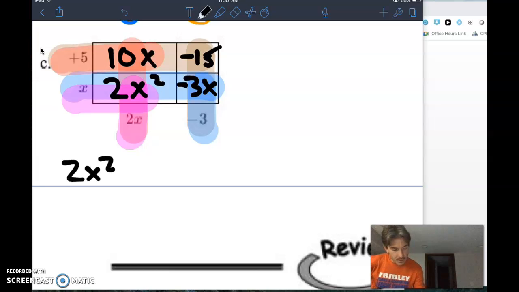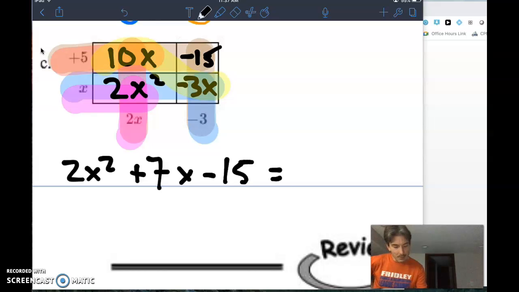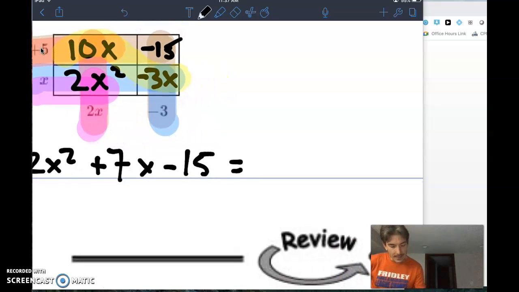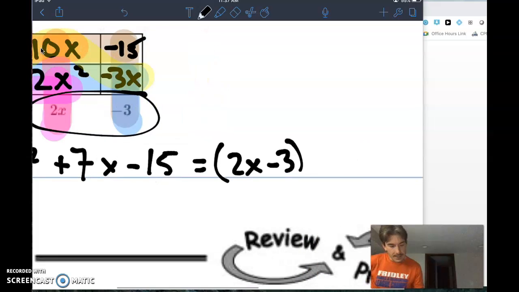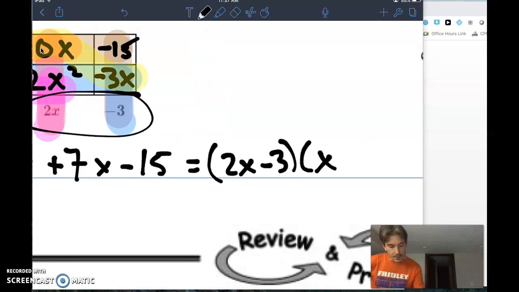Combine your like terms, 10x and -3x works out to be 7x. And then finally, minus 15. Set that equal to the product. I've got 2x minus 3, and finally, I've got x plus 5 on that other dimension.